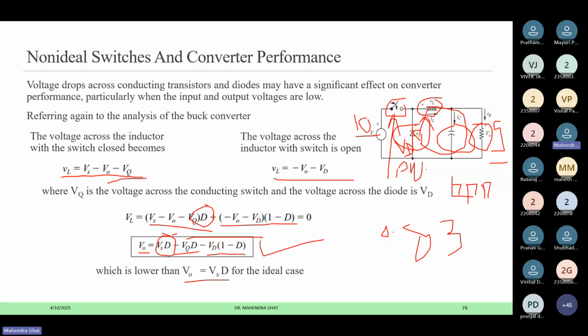So there are some ICs where you can have the PWM generation inside. That kind of thing you can also explore. That will give more idea, and try to do one design of a buck or boost converter.